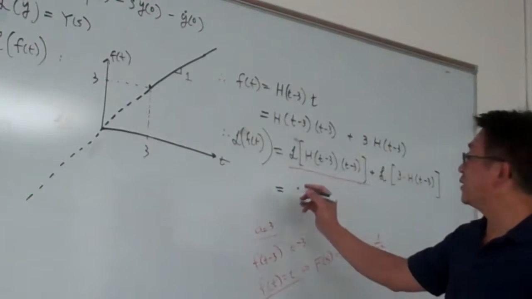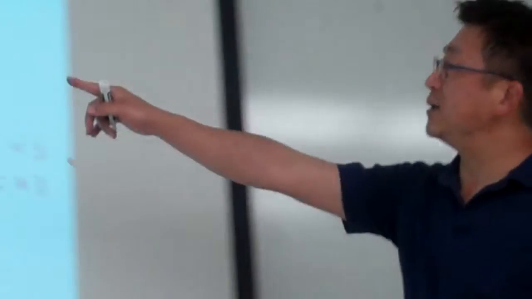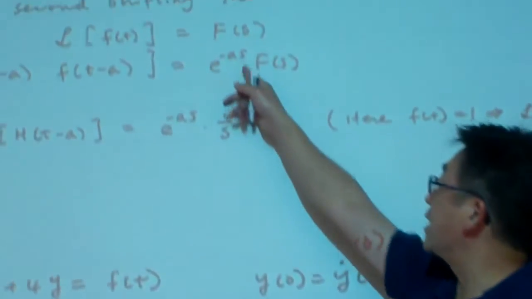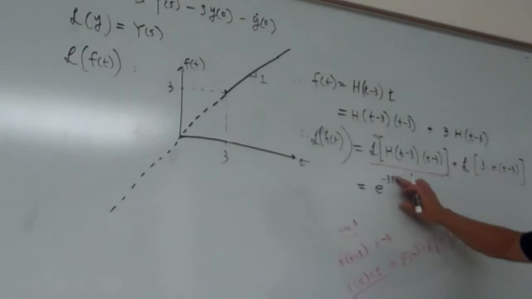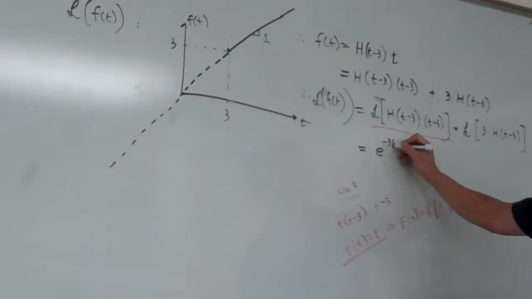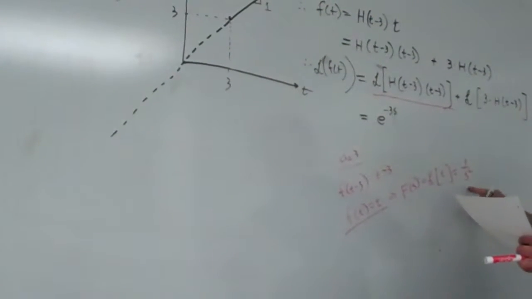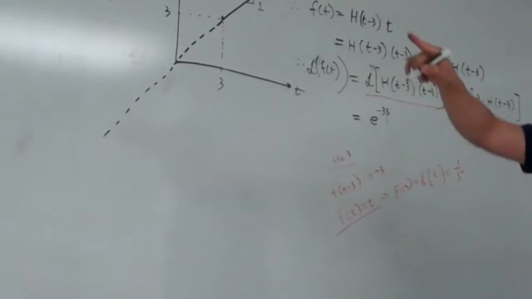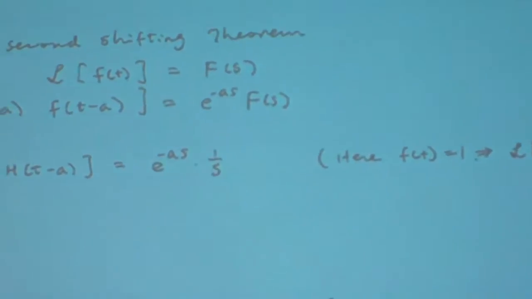In our formulation it is e to the minus as here. With a equal to 3, it is e to the minus 3s. And what is F(s)? F(s) is 1 over s squared.